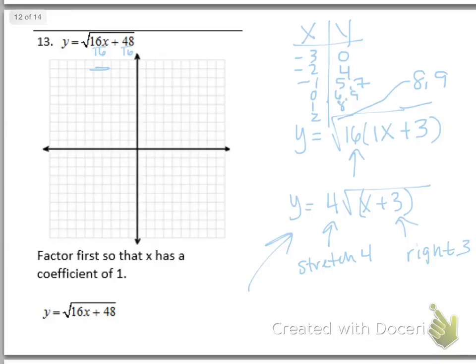Okay, so -3, 0, -2, 1, 2, 3, 4. -1, 5.7, 1, 2, 3, 4, 5. So a little bit past. Right there. I got 0 pretty close to 7. 1, 2, 3, 4, 5, 6.